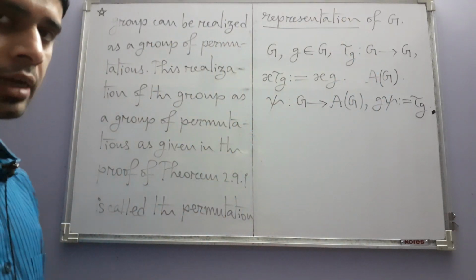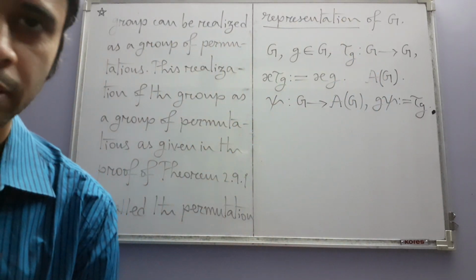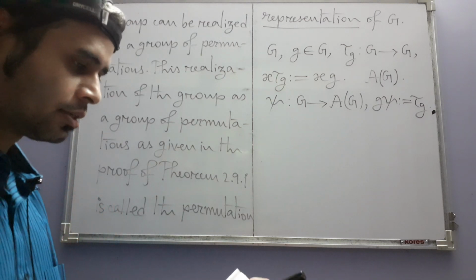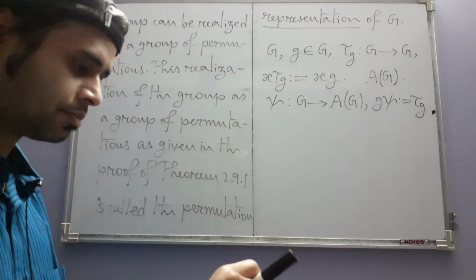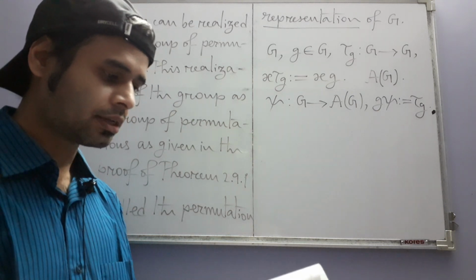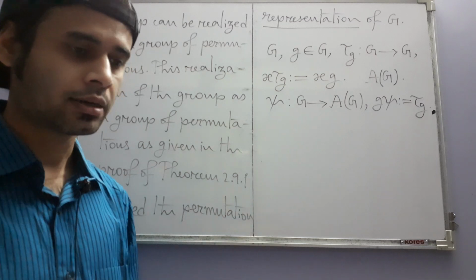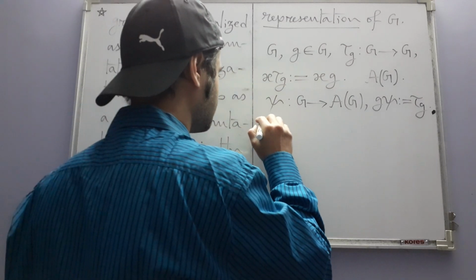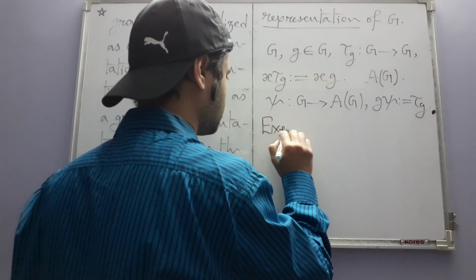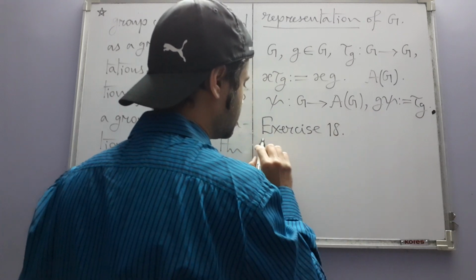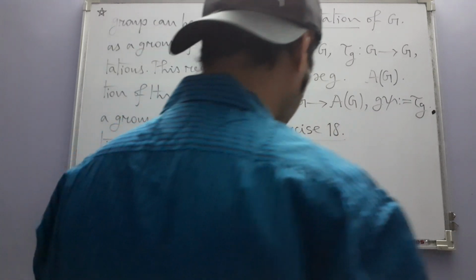Now we will be asked in the coming few exercises to find permutation representations. So let's see the next one, where we are being asked to calculate the permutation representation of a finite cyclic group. Exercise 18.